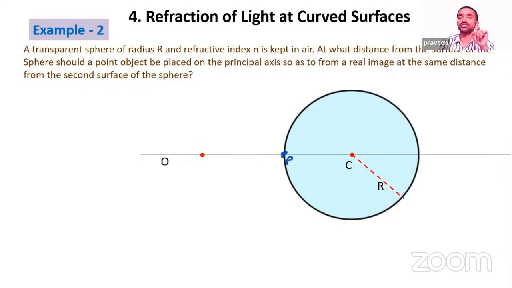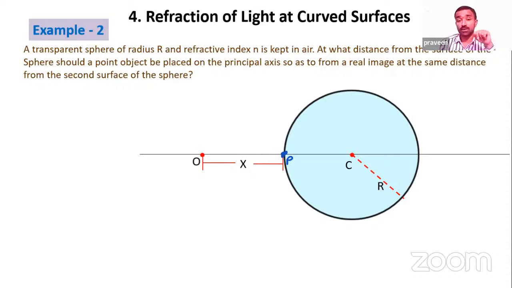Assume that unknown distance to be x, the object distance from the pole at point O. Then where will the image be formed? That is already given at distance x. So from the point O, you need two light rays to trace its image.